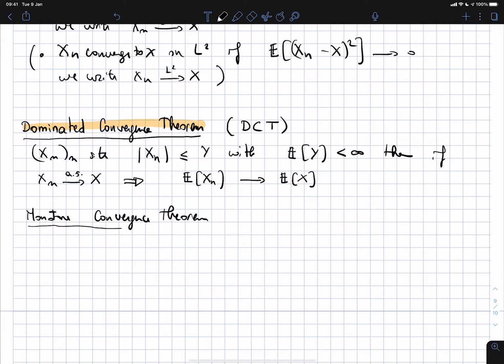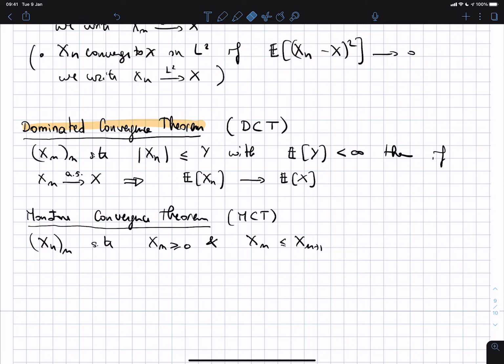The monotone convergence theorem says that if Xn is a sequence of random variables which are positive and increasing, then if Xn converges almost surely to some X, necessarily the convergence happens also in the means.